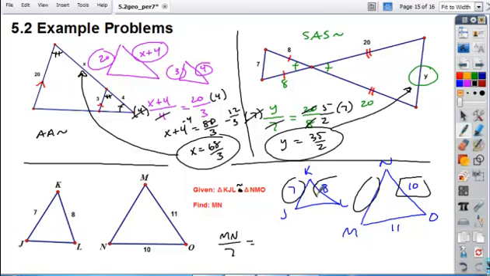So we need to set it up as 10 over 8. Okay. And so the final step is to multiply both sides by 7. And if you simplify, 2 goes into 10 5 times, 2 goes into 8 4 times, and you get MN is equal to 35 fourths. And that would be your solution.